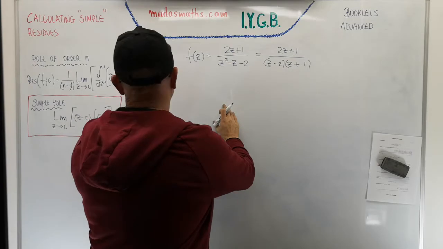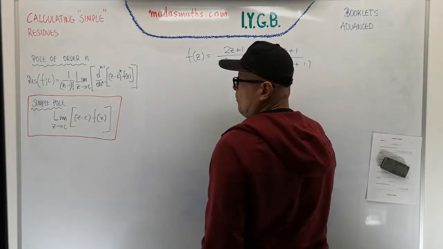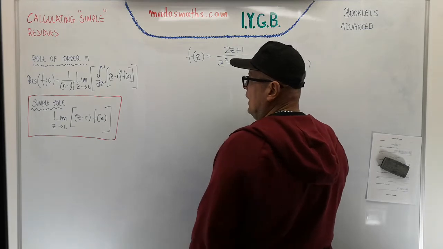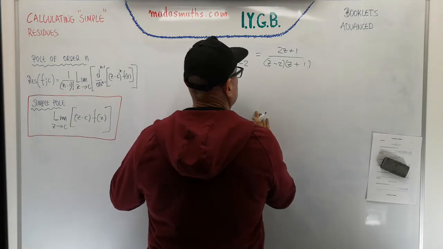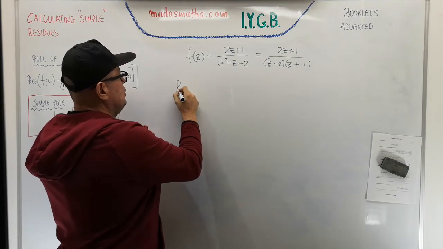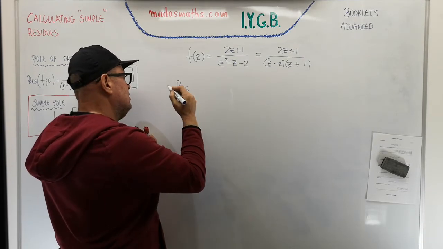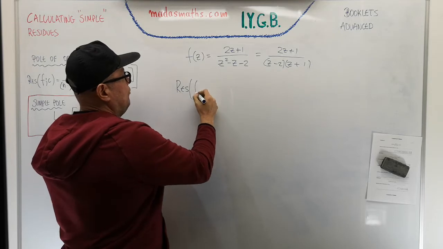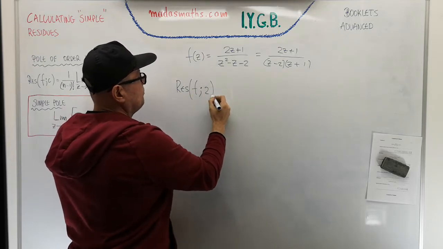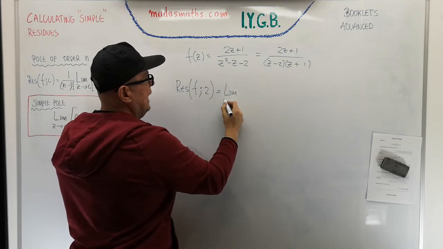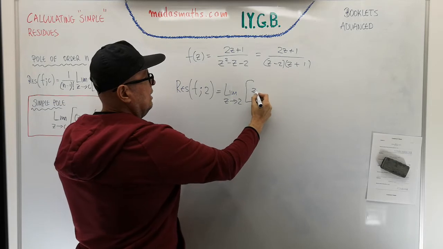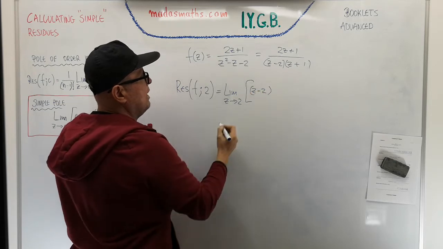Okay, so we're going to use this formula here for simple poles. I suggest you write it down and have it in front of you, because occasionally I might be covering it with my body as I'm writing on this side of the board. So first of all, the residue of f at 2 is the limit as z tends to 2 of z minus 2 times f of z.